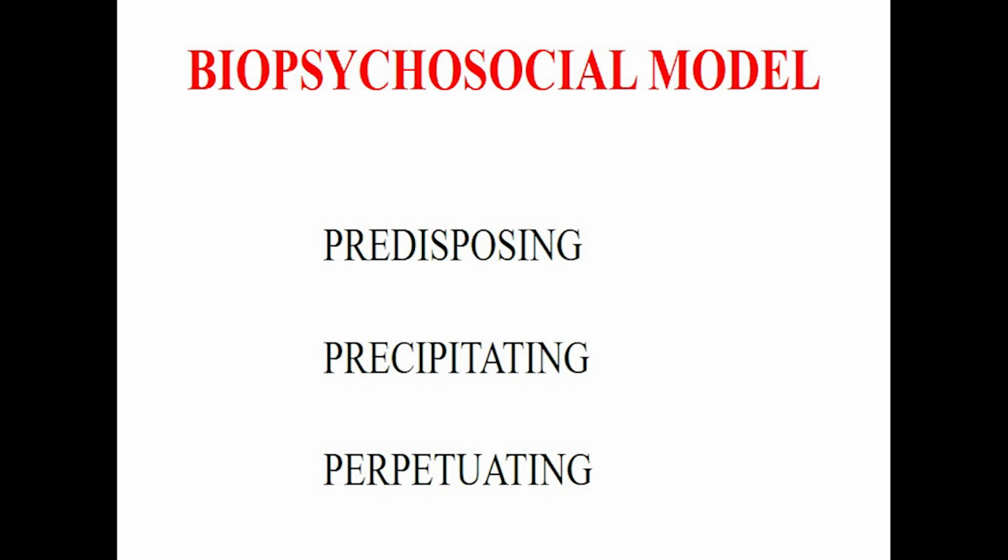Peer group influence may be responsible for his alcohol dependence, or family disturbance may be responsible for the pathological condition of a person. Perpetuating factors: education, location, willingness, his attitude, what is responsible for improving him. The biopsychosocial model is the best model to treat the various conditions.